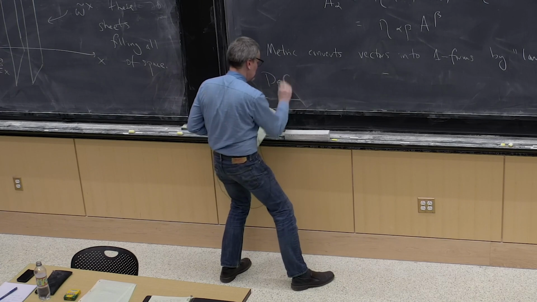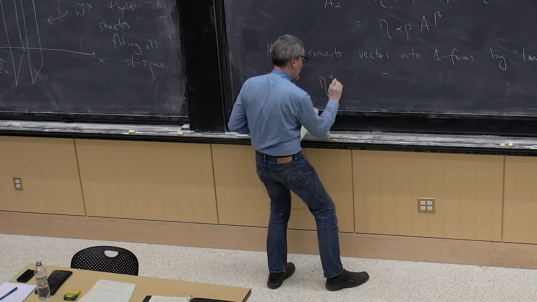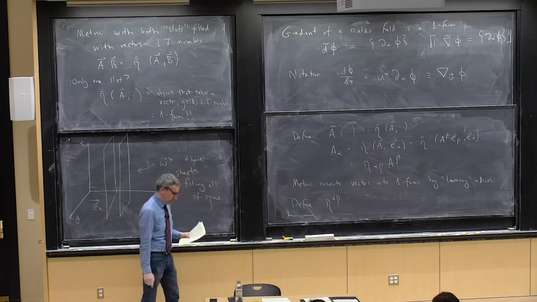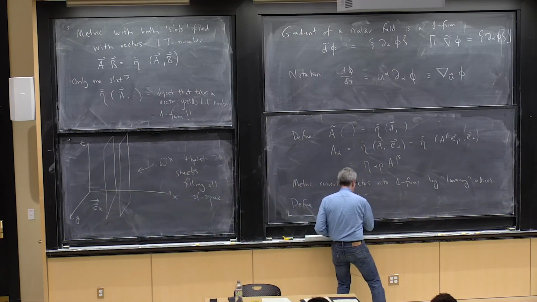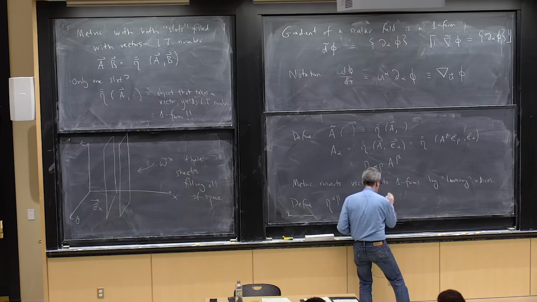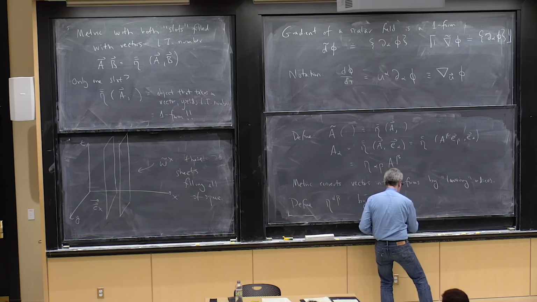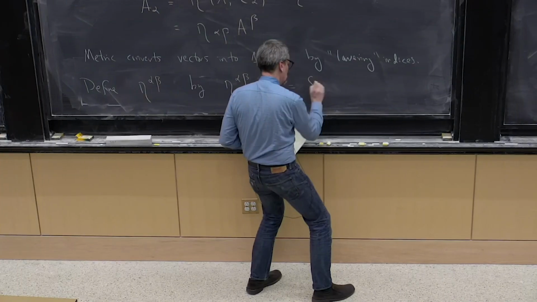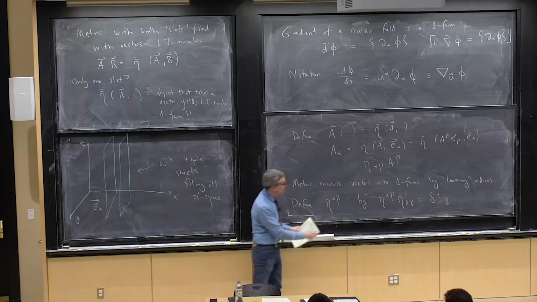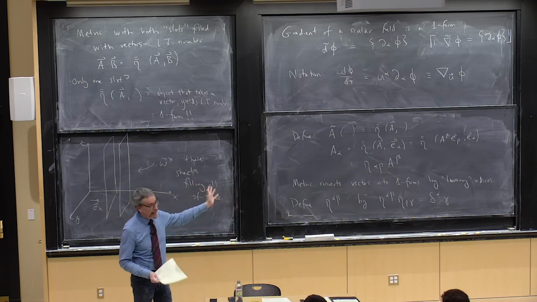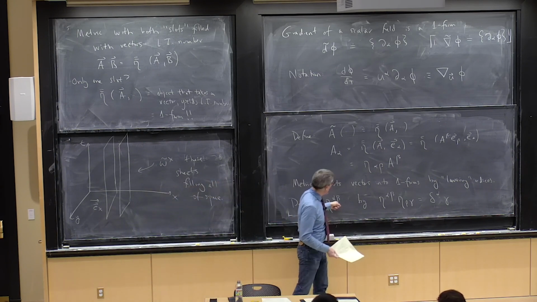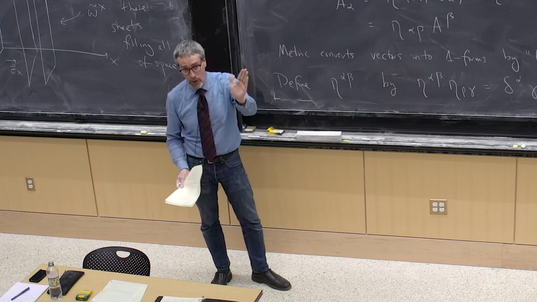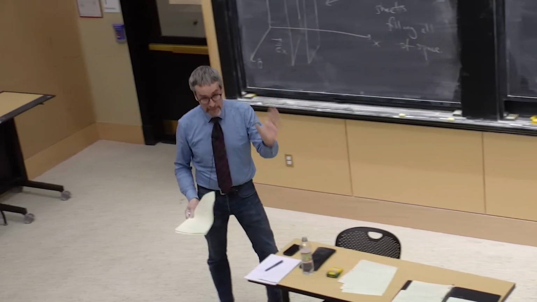So this metric, I can define eta with indices in the upstairs position by requiring that eta alpha beta contracted with it in the downstairs position gives me the identity back. Incidentally, when you do this, you again find it's got exactly the same matrix representation. So this thing with its indices in the upstairs position is just -1, 1, 1, 1. It will not always be that way, though.